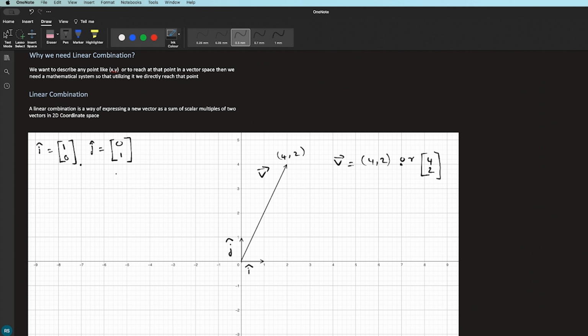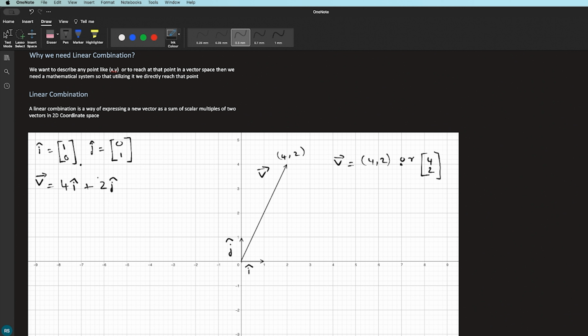Using the standard basis vectors I want to reach this vector. I am writing the equation here: 4 i hat plus 2 j hat.